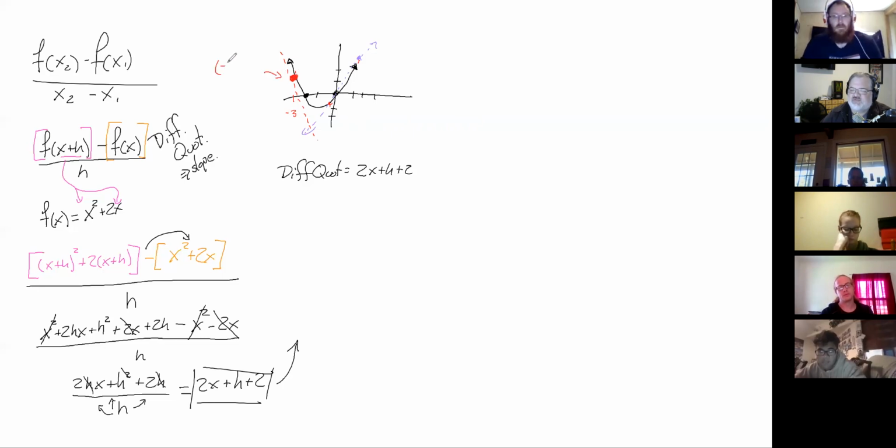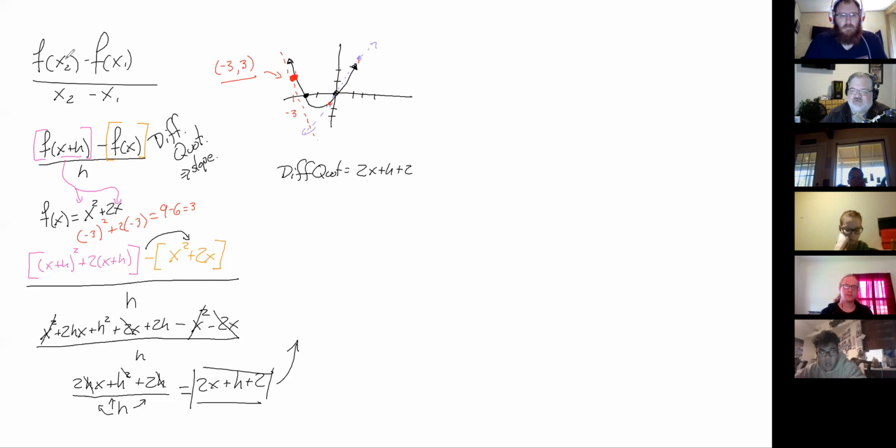Its x value is negative 3, and its y value would be negative 3 squared plus 2 times negative 3. So that would be 9 minus 6. So its y value would be 3.